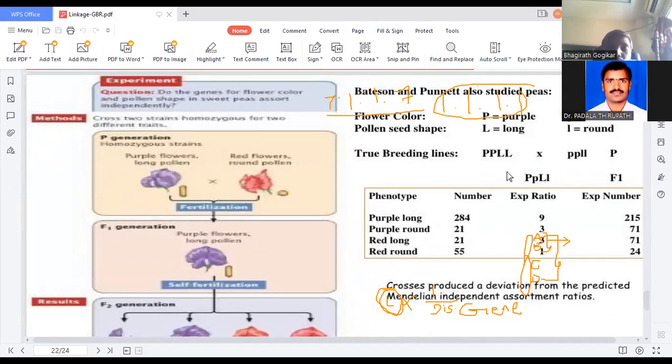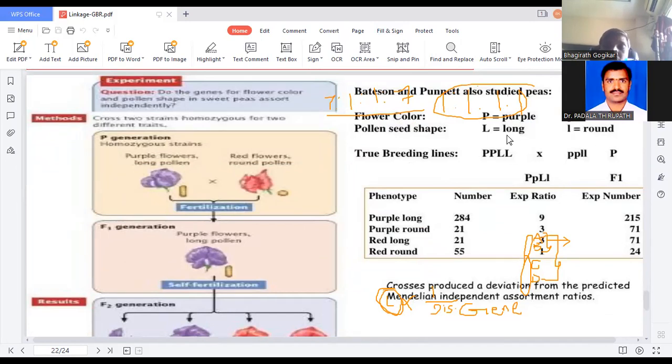So you can go through the test cross, the F1 individual crossed with the recessive parent. But in the normal dihybrid ratio, these are the true parent plants, which are in homozygous condition, purple long and red round.